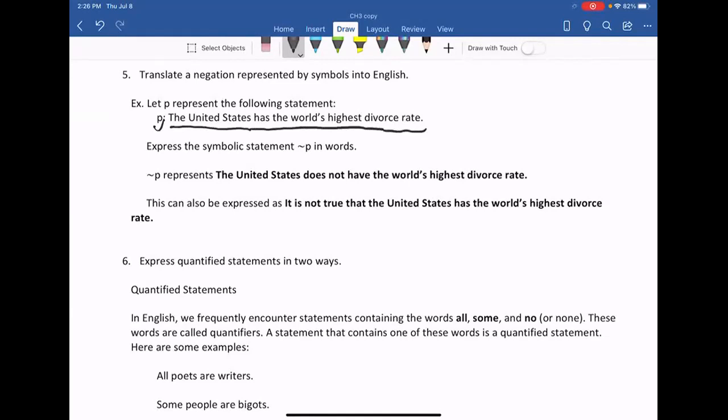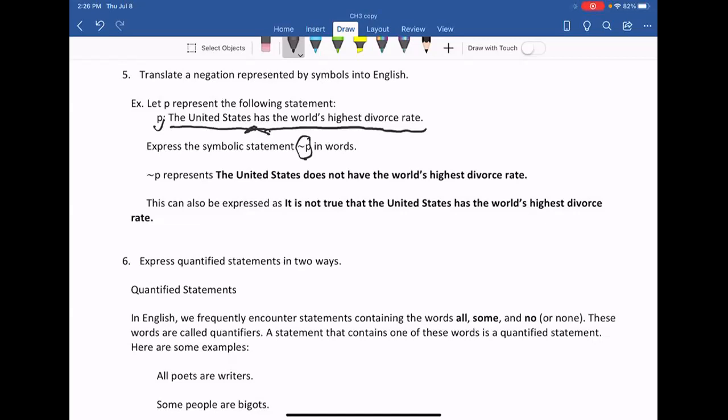Express the symbol statement not P. So for not P, I just use "doesn't have" to negate it, or I just put "it is not true that" before the statement P.